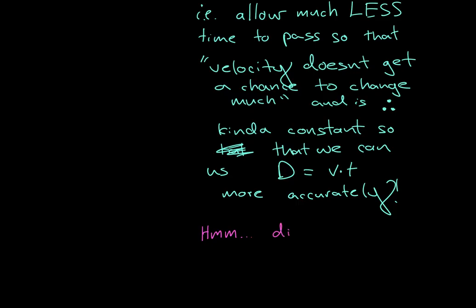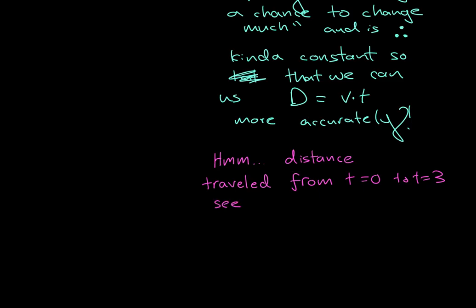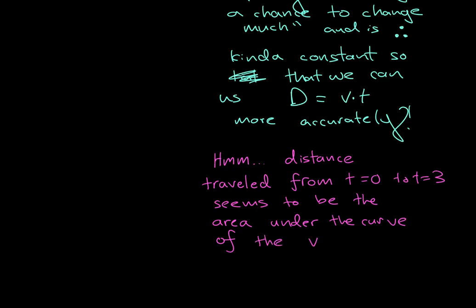Distance traveled from t equals 0 to t equals 3 seems to be the area under the curve of the velocity versus time graph. Okay, so here's a conjecture.